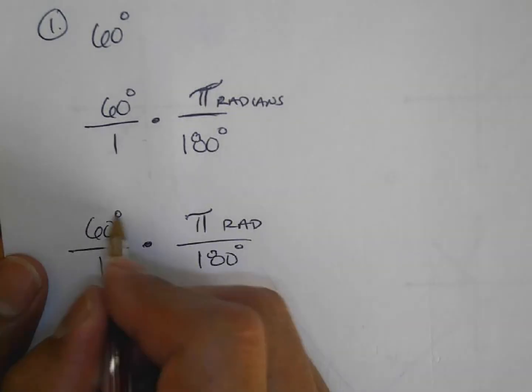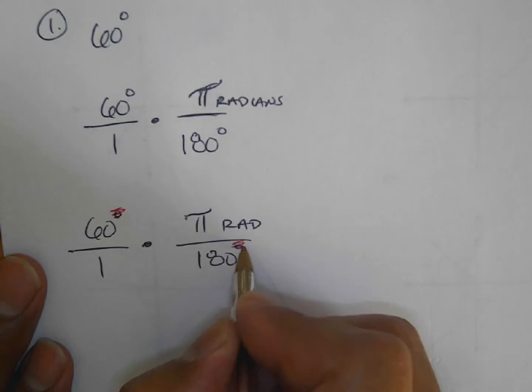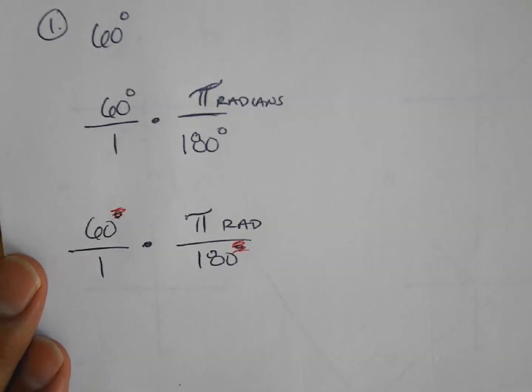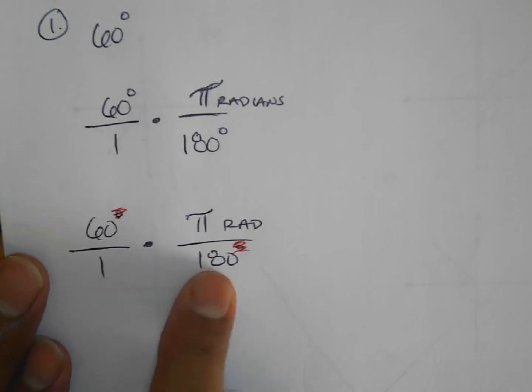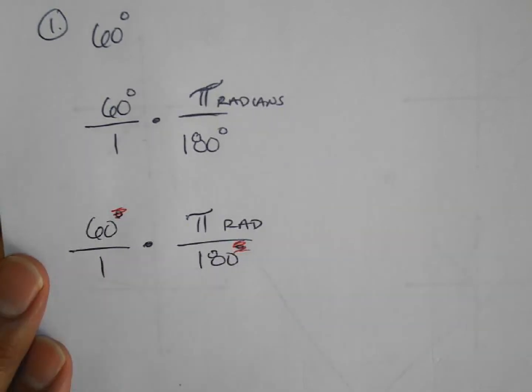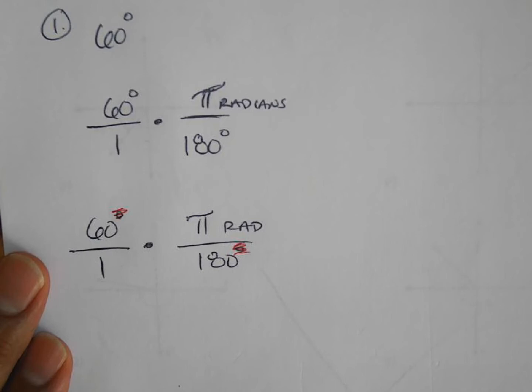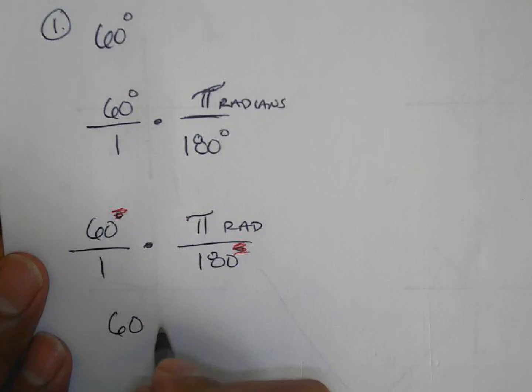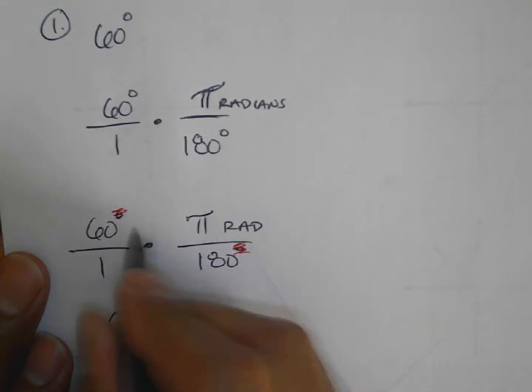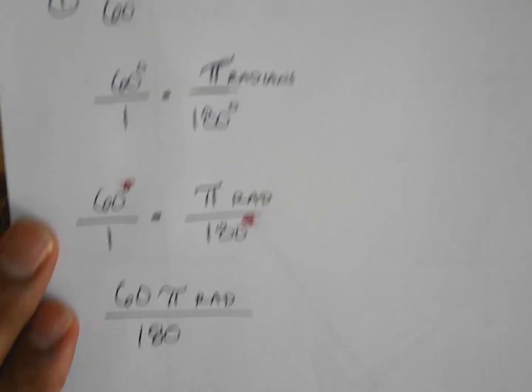Right, the degrees will cancel out, and then you look to reduce. 60 can go into 60, and 60 can go into 180. So I'll put this together and I'll reduce later. I got 60 times pi, or 60 pi radians, over 180. And remember, the degrees already are gone, so these are just numbers now.